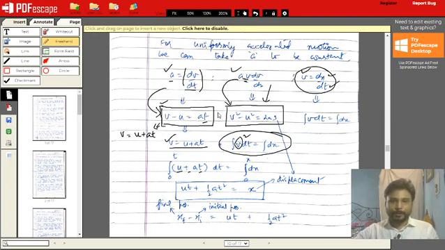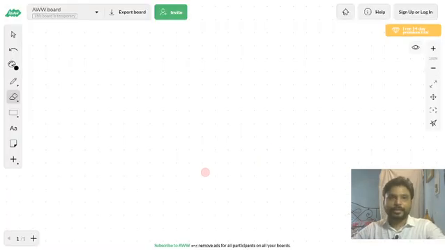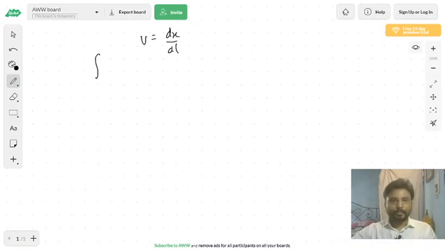So let's come back again and do this integration again to strengthen our concept of how we integrate. We started from v is equal to dx by dt. So v dt is equal to dx.